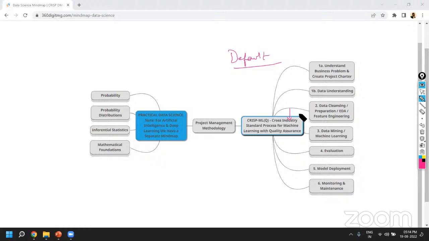Whether it is agriculture, that is what we are going to talk about, or supply chain, life sciences, healthcare, manufacturing, retail, logistics, you name it. If you are trying to work with data and develop a solution using the data, this is the standard process that we have to follow. It is universal, and it contains 6 phases in the life cycle.